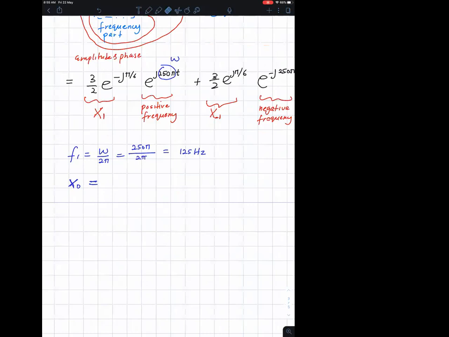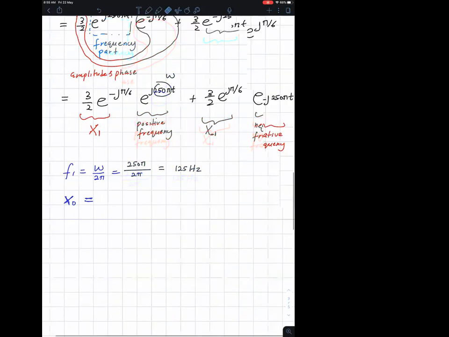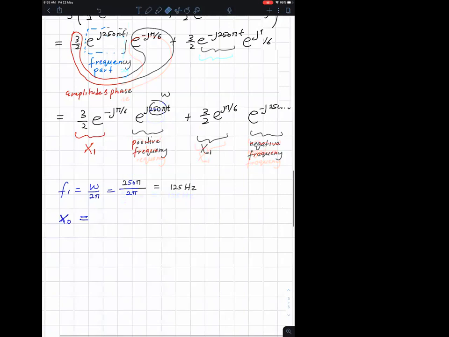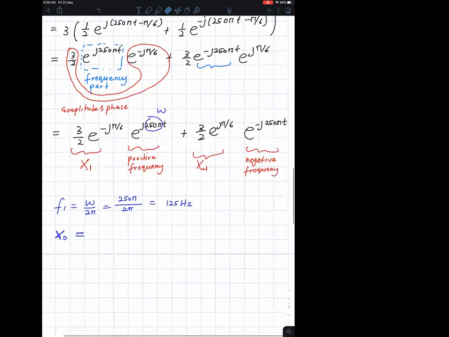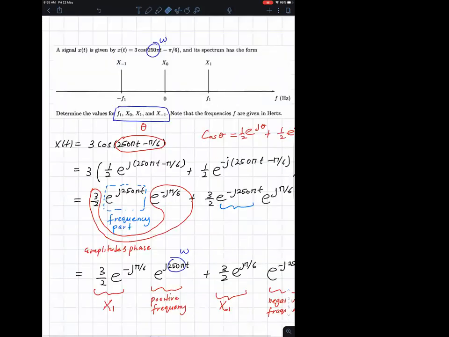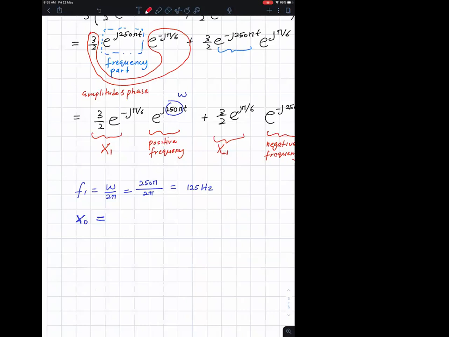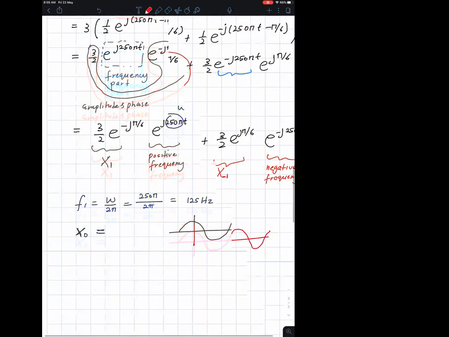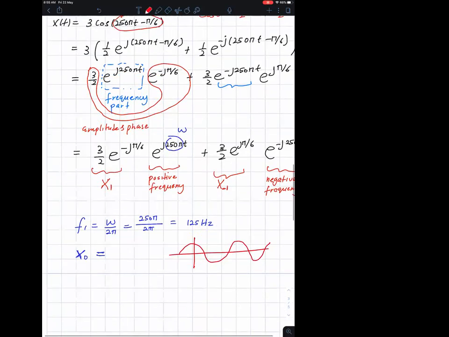In this equation, if I go and plot this, it's clearly showing you the frequency is 250 pi. So if you just plot this, you're going to get a sinusoid with the amplitude of 3. Where's the DC here?